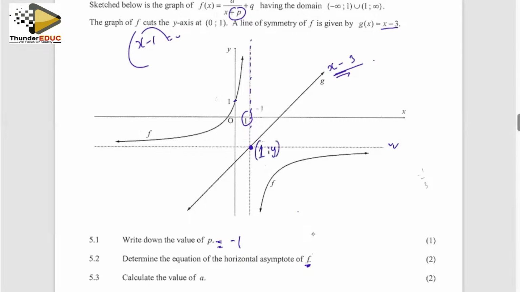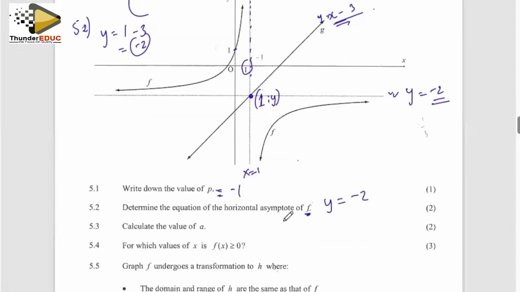All we need is the y. So 5.2, I'm going to use this equation and look for y when x is 1. That gives me -2. So the equation is going to be y equals -2, because this asymptote must be written in that format. This is x equals 1.